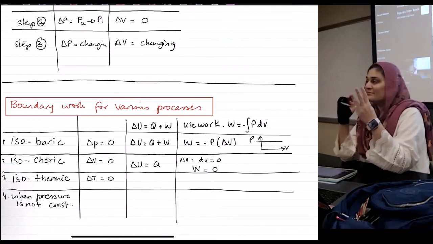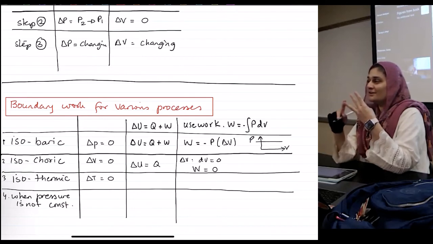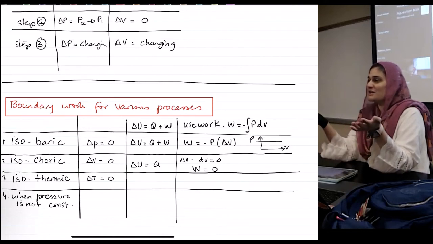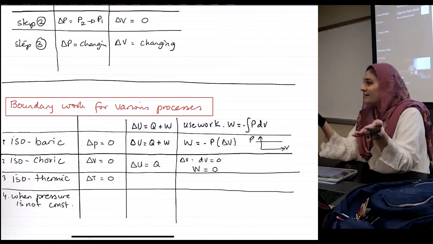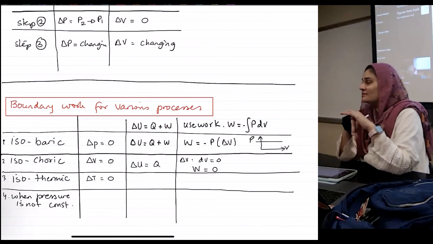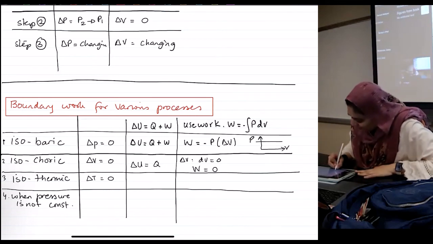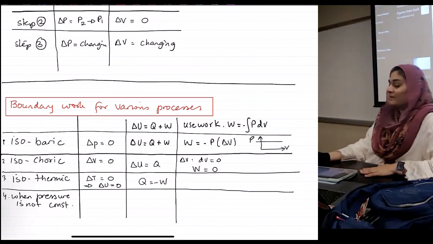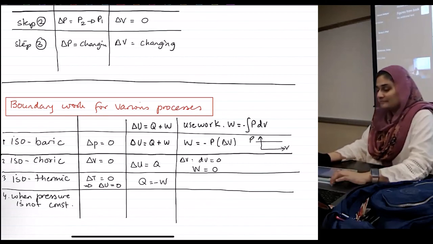So there's 3 symbols in the first law. Q, W, and U. Where's the only thing that changes when temperature changes? U, right? So if delta T is 0, what is 0? Delta U is 0. Which means I can rewrite this law as Q equals negative W.